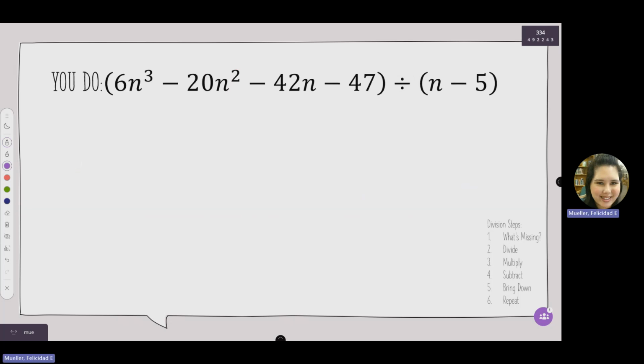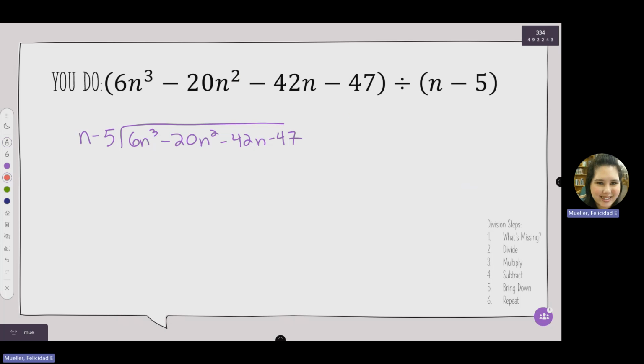So I want you to pause the video and try this problem. Okay, so our divisor is n minus 5. We are dividing 6n cubed minus 20n squared minus 42n minus 47.